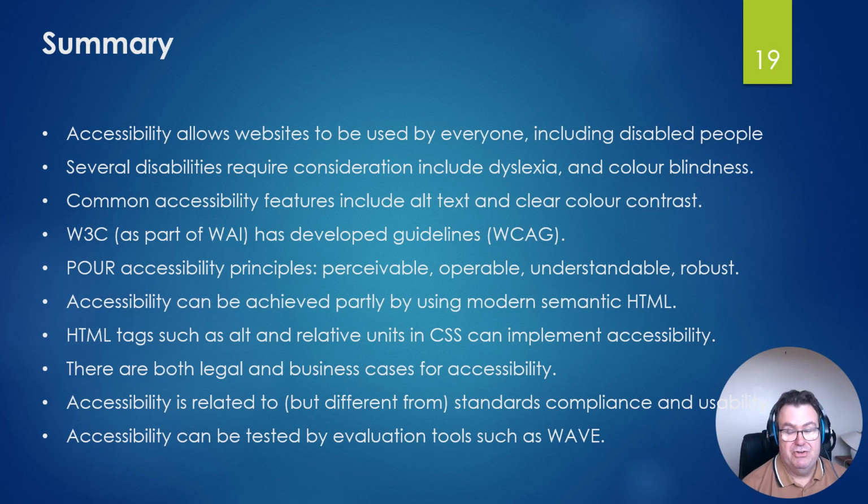And you can test accessibility via evaluation tools such as Wave, which again is easy to use, very simple, free tool. Doesn't pick up everything, but it's a good start, and you can make the improvements, learn how to make the improvements, and then reapply the Wave, and it'll tell you whether or not you fixed them.